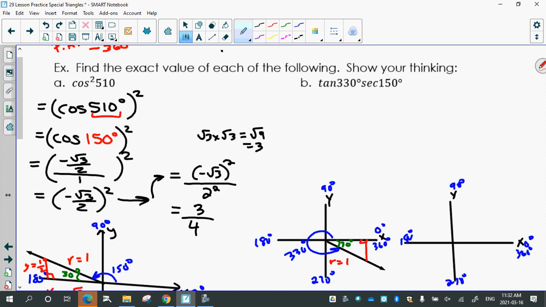In the 4th quadrant, x is positive, and it's the longer side, so it's going to be root 3 over 2, and y is going to be negative a half. So there's my first diagram, ready to be used. This is my 330 diagram, and over here is going to be my 150 diagram. 150 is going to be in the 2nd quadrant, closer to the x again.